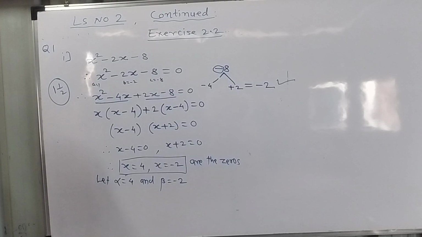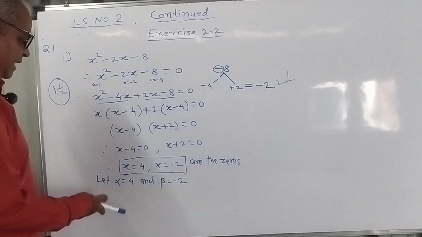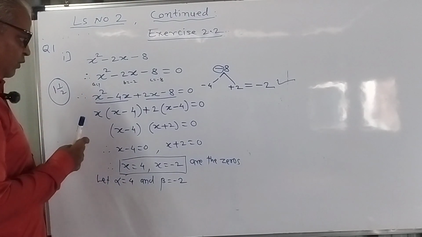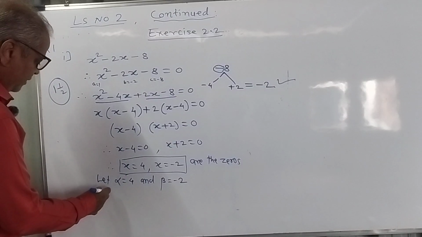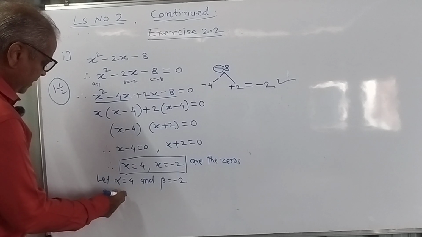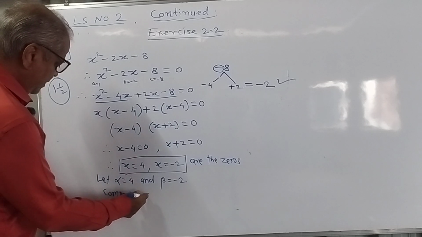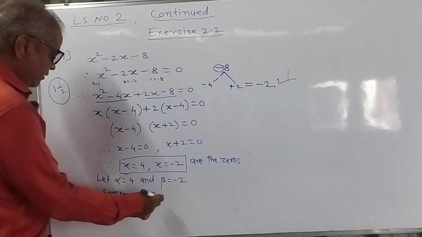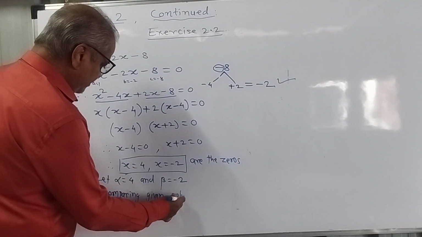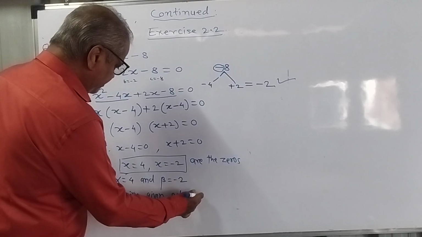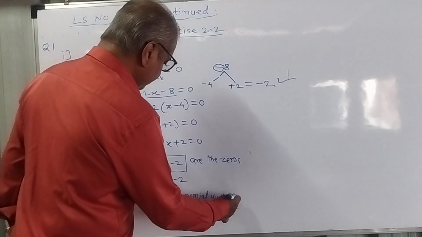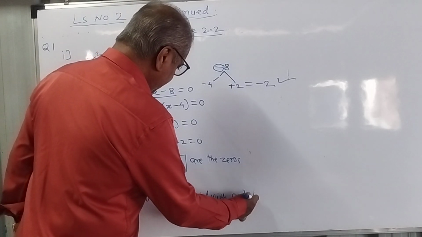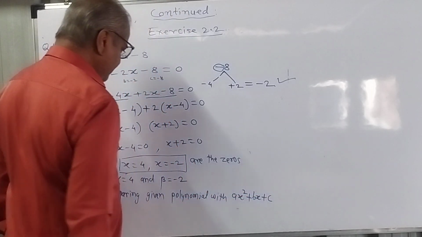Now as we need to find the relationship or verify the relationship between coefficients and zeros, we need to write the coefficients. So compare the given polynomial with the standard form ax square plus bx plus c.